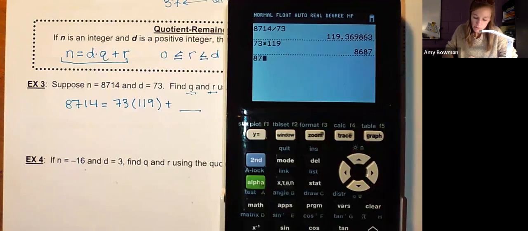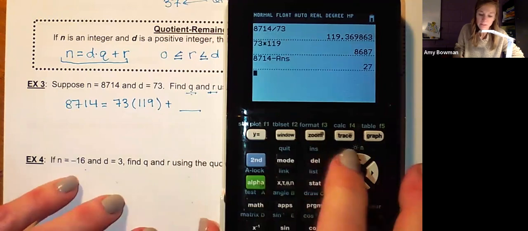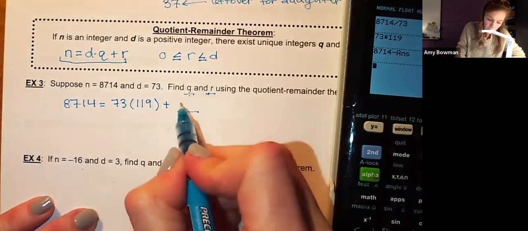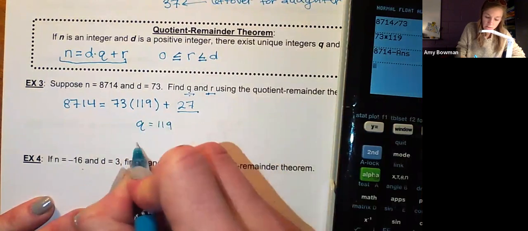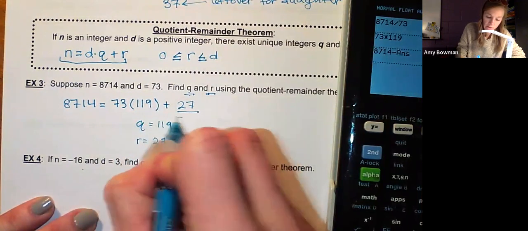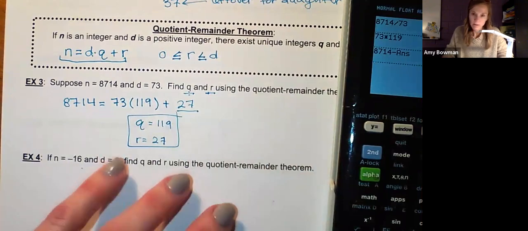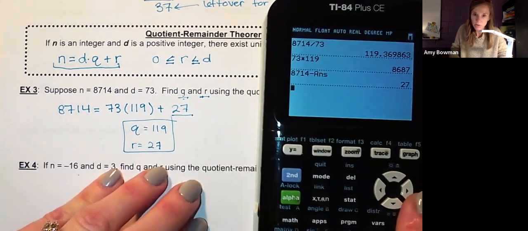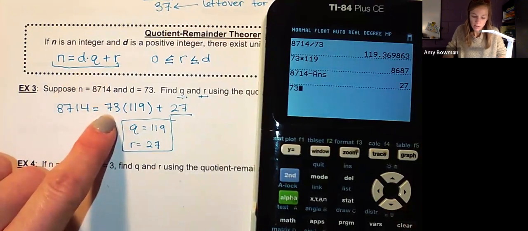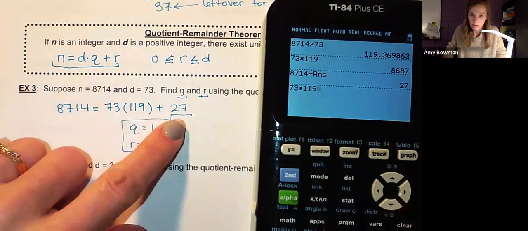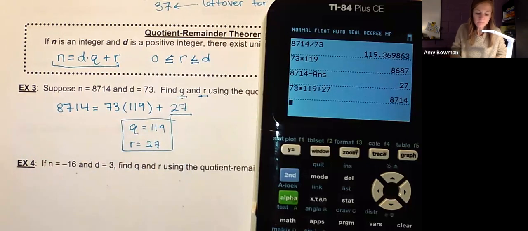So I would just do 8714 minus that value and find that remainder of 27. So q is 119, the remainder is 27 in this example. And then to check that, all I would have to do is just plug this in. So I would do 73 times 119 plus 27, and it gets my original value of 8714.